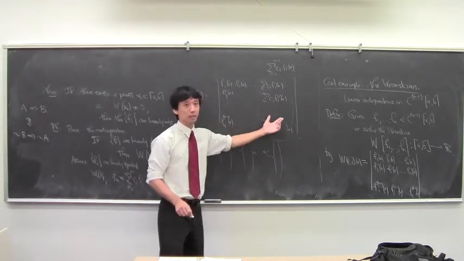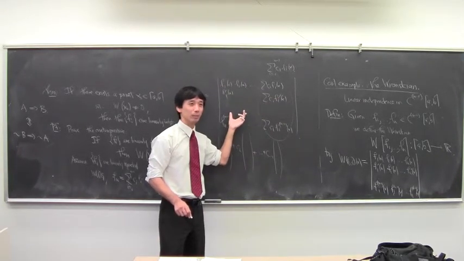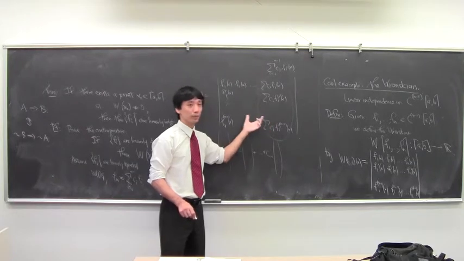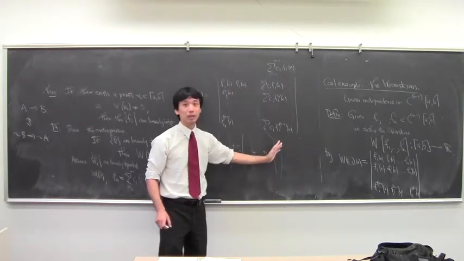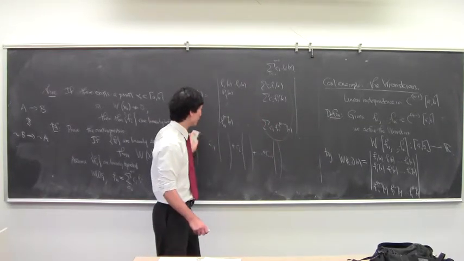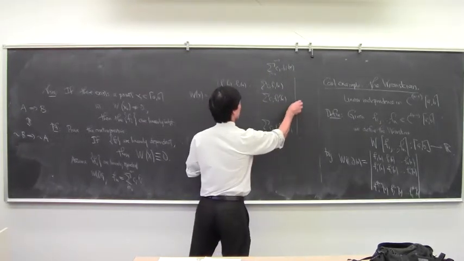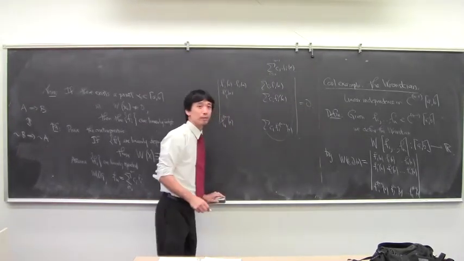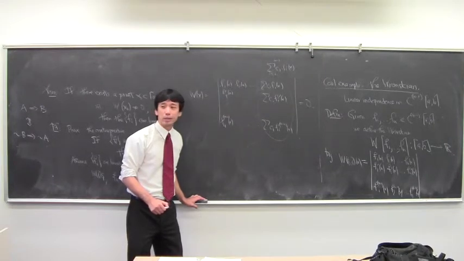So this last column is redundant. It's a linear combination of the previous guys, and so if you did a column reduction on it, you could get rid of this column. So that tells you that determinant is going to be 0. Is that clear?